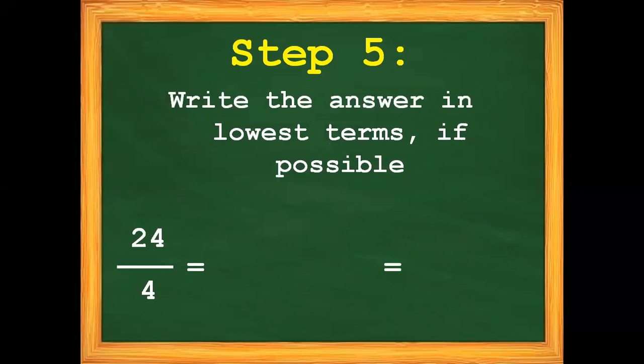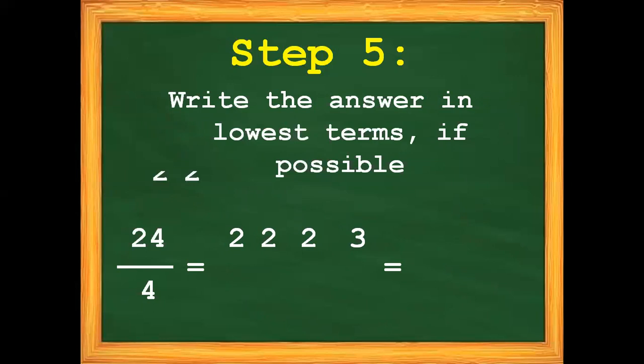Step number 5, write the answer in lowest terms if possible. So we have 24 over 4. So let's give the prime factors of 24. The prime factors of 24 are 2 times 2 times 2 times 3.